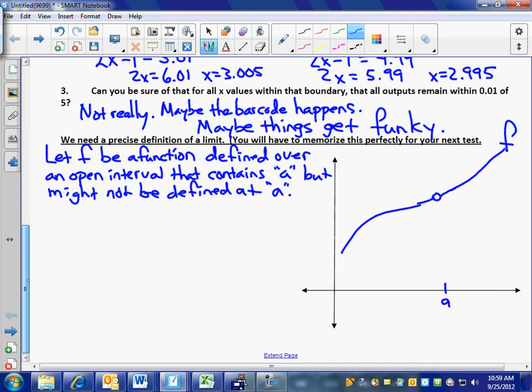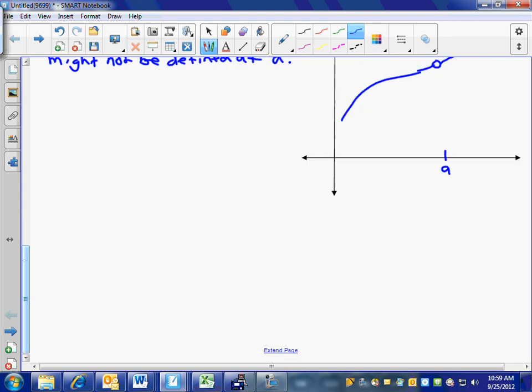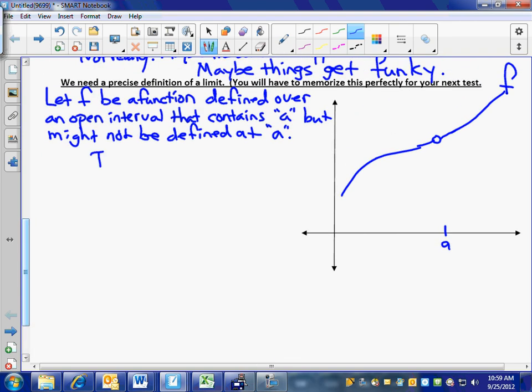Then, given this premise, the limit as x approaches a of f of x is equal to L. How would I draw that on the graph?